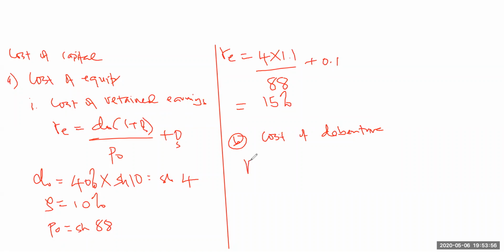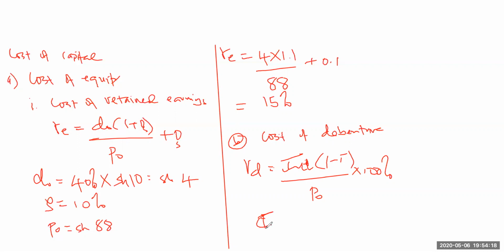Therefore, the cost of the debenture will be equal to the interest, taking into account that there is tax, divided by the current market value, and we express this as a percent. This is a 9% debenture. Do we pay tax? Yes. In note 1, there is tax of 30%.